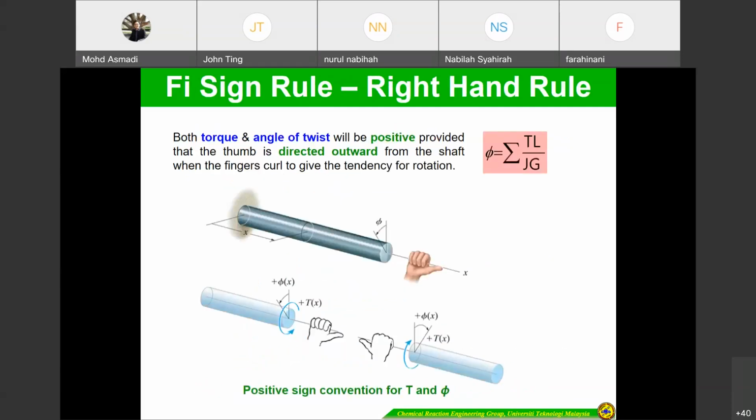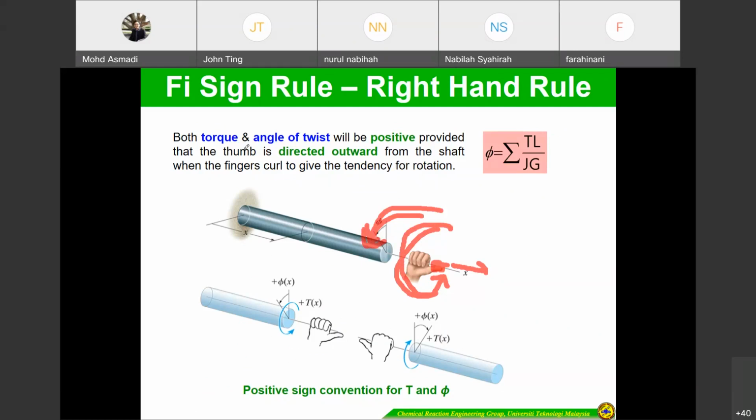This is the right-hand sign rule. If you look here, outward, this is your thumb, so it is going to be positive. It is to this side, which is counterclockwise.